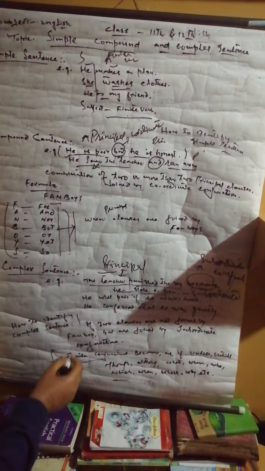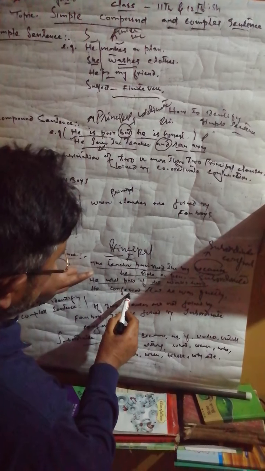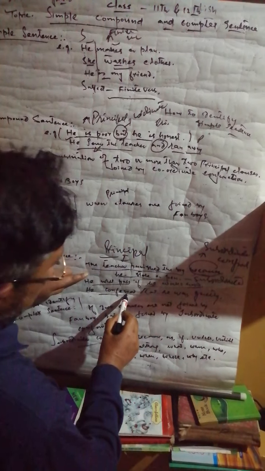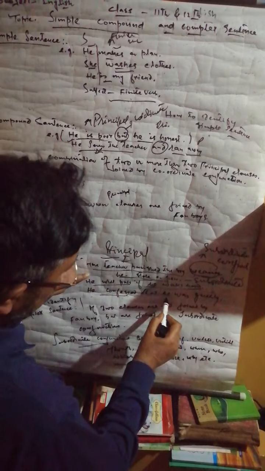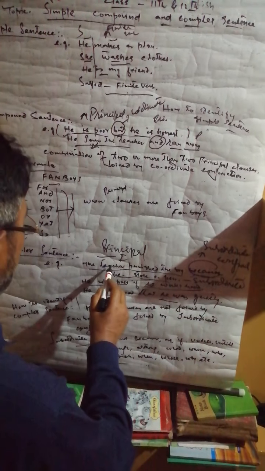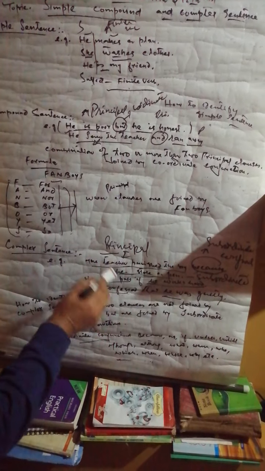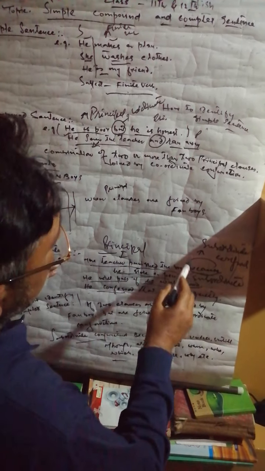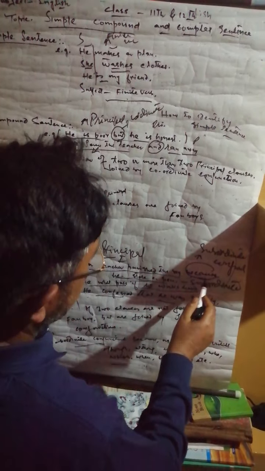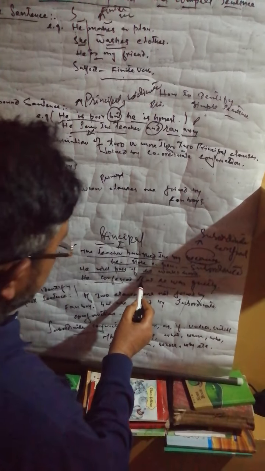He will pass is the principal clause, and if he works hard is also a subordinate clause. He confessed is the principal clause, that he was guilty is the subordinate clause. So all these sentences have one principal clause and one subordinate clause, and they have one subordinate conjunction such as because, if, or that.